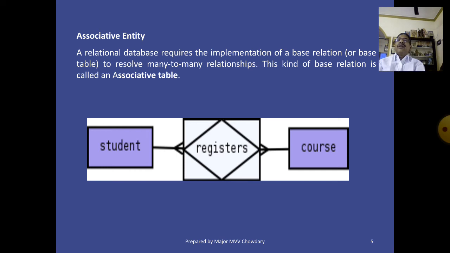The many to many relationship will be converted to one to many or many to one relationships. Composite entities are also called bridge entities because they act like a bridge between the two entities which have a many to many relationship.